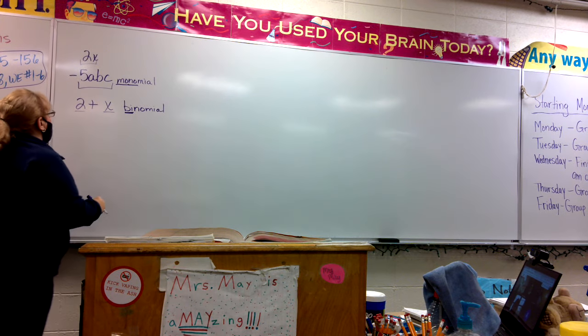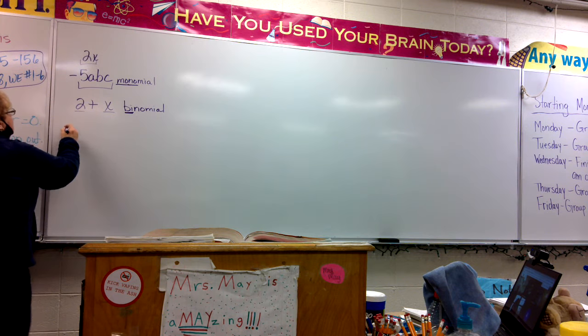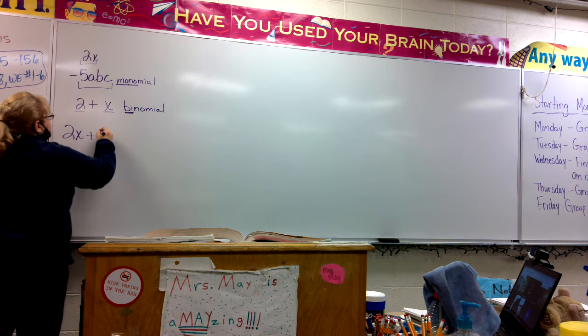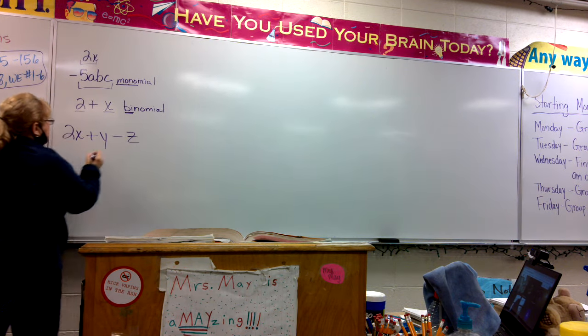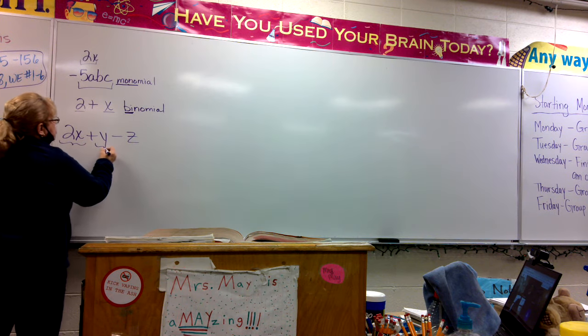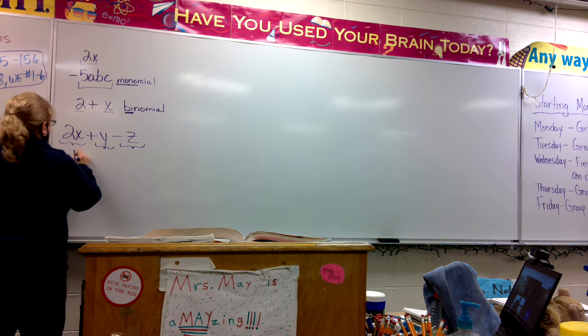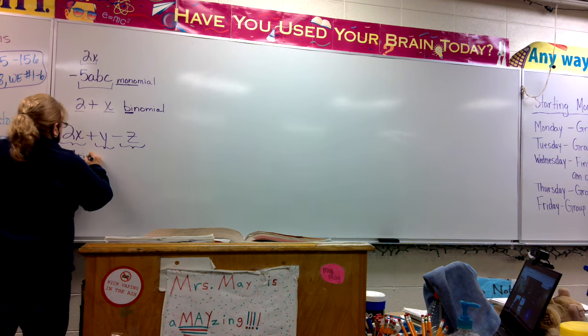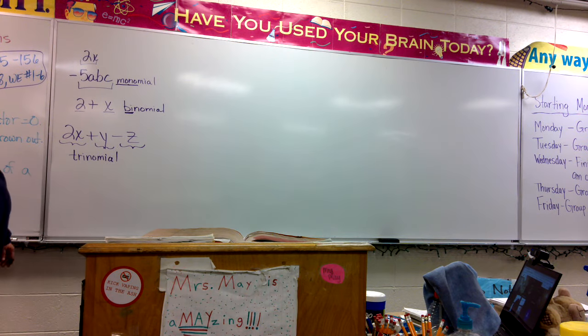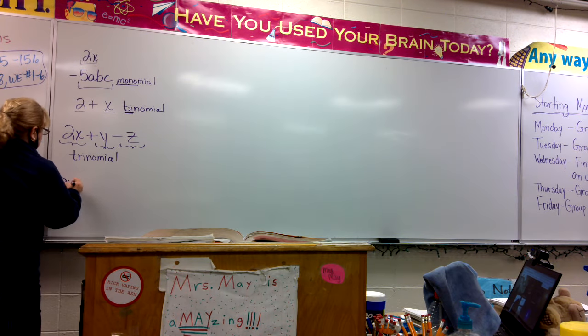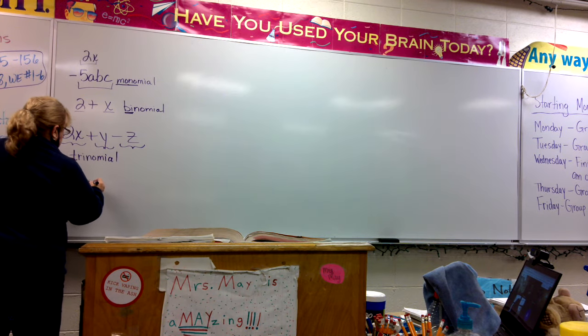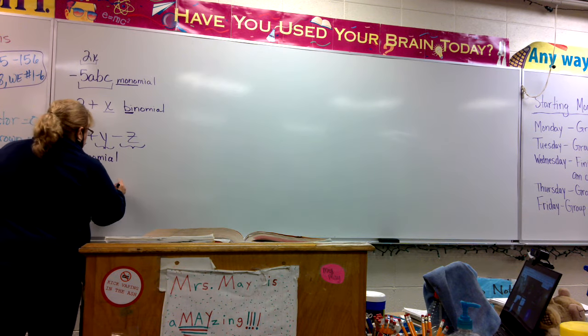Mono is one. And what do I call it if I have 2x plus y minus z? Now I have 1, 2, 3 of those. Trinomial. And anything more than 3, we usually just throw it all into the category of polynomial.